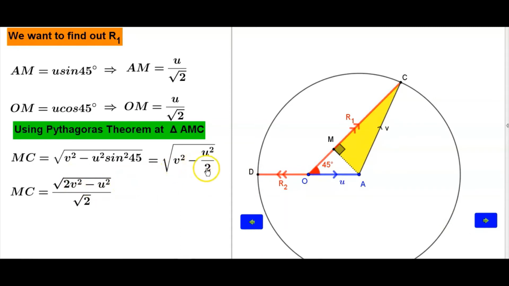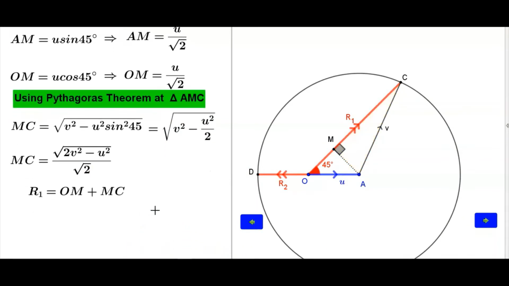When we simplify further, MC is equal to the square root of (2v squared minus u squared) over root 2.